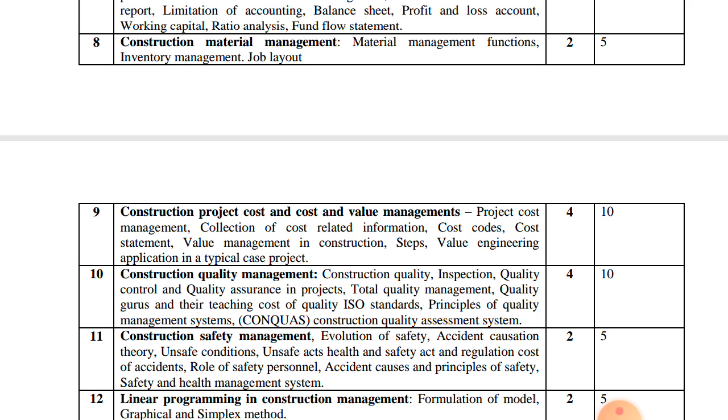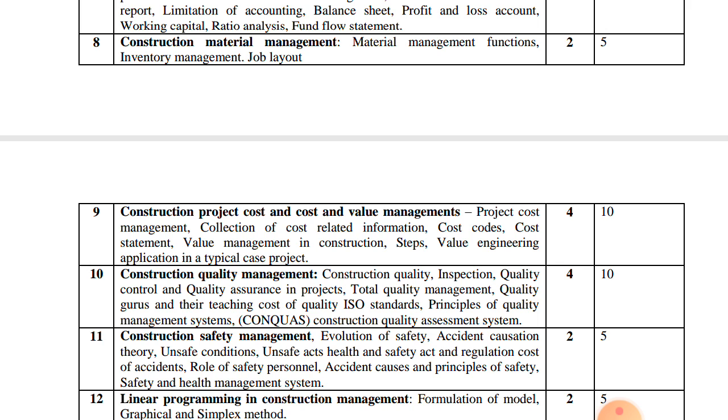Now next is chapter number 10, construction quality management, in other words also QC, quality control. In construction, quality inspection, quality control, and quality assurance in a project are compulsory.